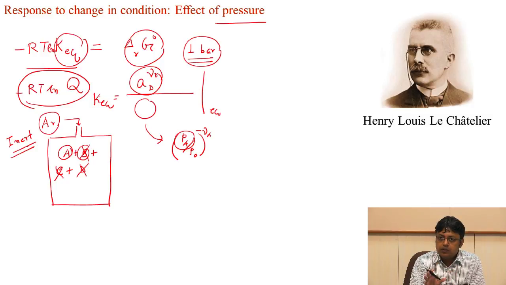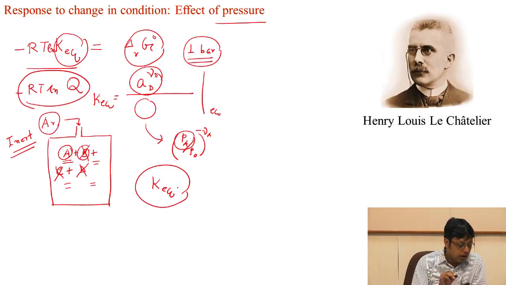So if we introduce the argon gas here, the partial pressure of all these components doesn't change, because by definition, partial pressure is the pressure if that amount of the constituent alone filled the entire container. By definition, that should not change if I introduce anything else. So the partial pressure of each constituent remains constant, and so K equilibrium also doesn't change.